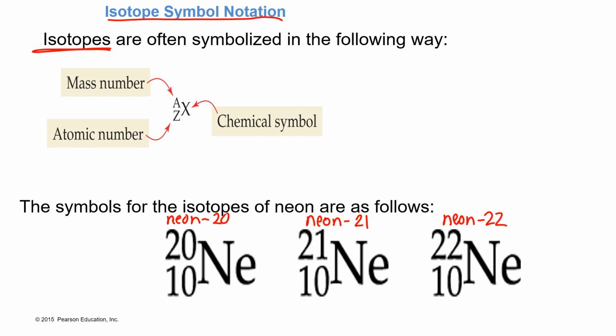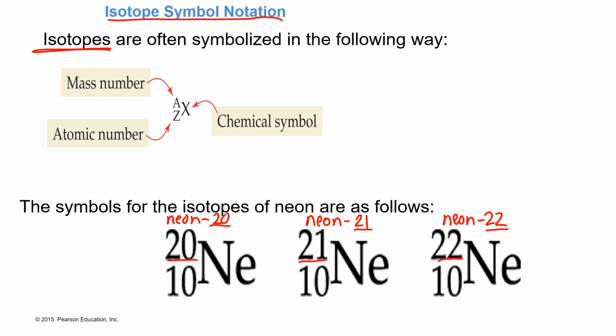You can see it written both ways, in isotope notation, or as an isotope name. No matter what, this represents the atomic mass, that represents the atomic mass. So no matter which way it's written, that's going to show you the atomic mass.